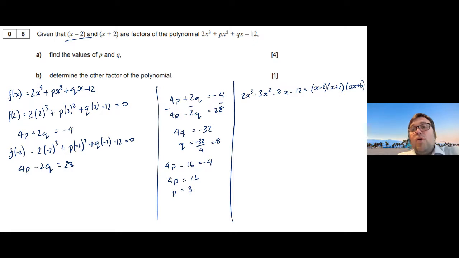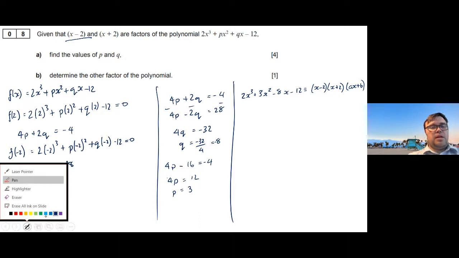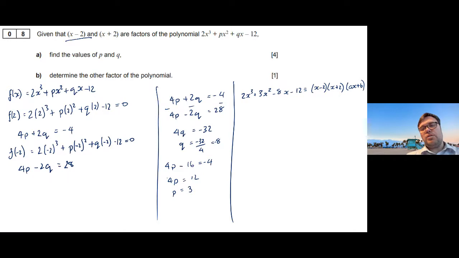And how I would work this out would be to compare coefficients. So let's compare x cubed coefficient. What comparing coefficients does is I know that on the left-hand side, the coefficient of x cubed is 2. So therefore, on the right-hand side, the coefficient of x cubed also must be equal to 2.